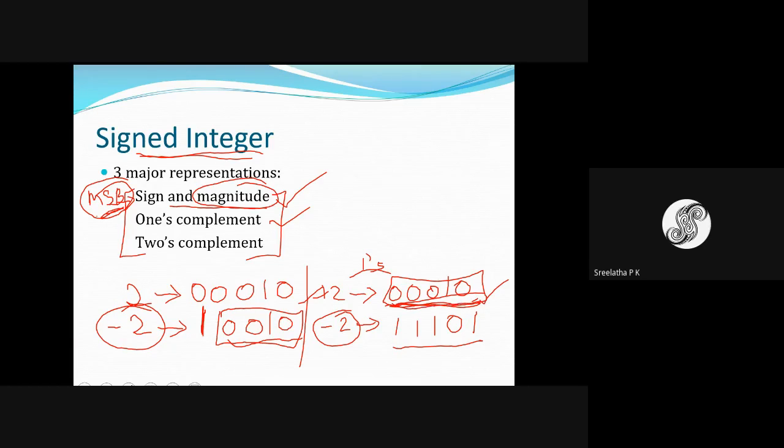Unless mentioned otherwise in the exam, use 5 bits. You can use 8 bits also, but the number of bits becomes more and it is time consuming. So always you can use 5 bits, if the numbers are very small. How is plus 5 represented? What is plus 5 in binary form?